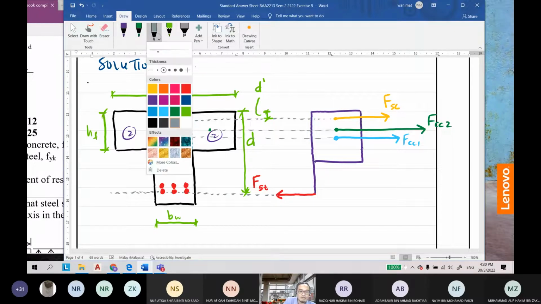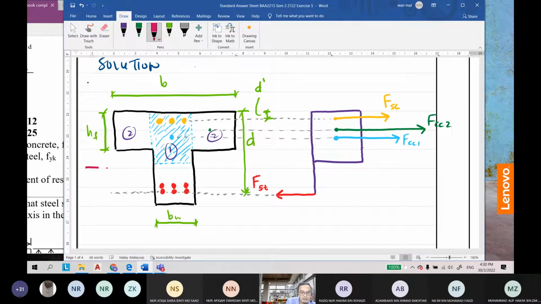So you must be able to understand that, let's say this is your neutral axis. Neutral axis is here, which is below the flange. We assume it is below the flange. If the neutral axis is in the flange, the design is automatically by rectangular section. Just remember that concept.